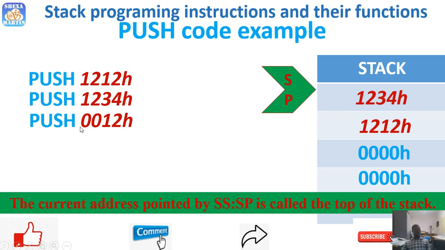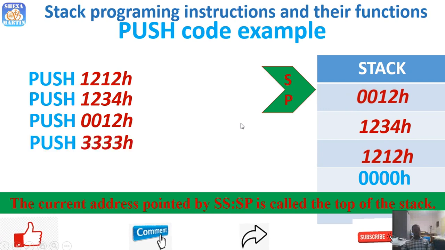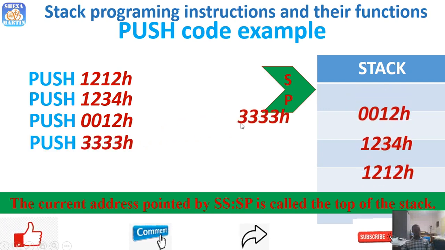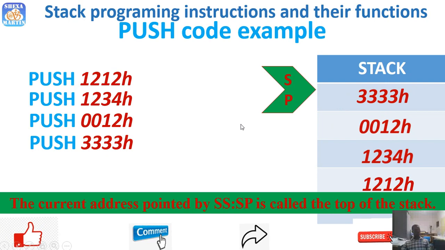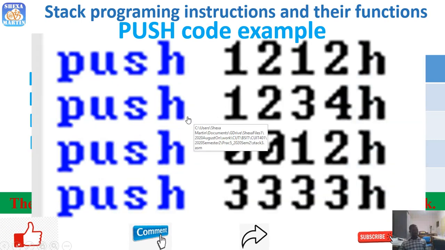And when we push 0012, it goes to the top of the stack like that. So this is what happens on every push instruction. You get what I'm saying? So that's the push instruction, and here is the program.